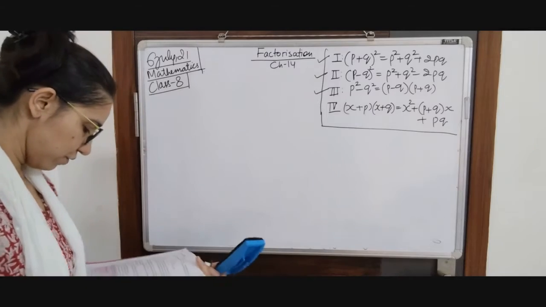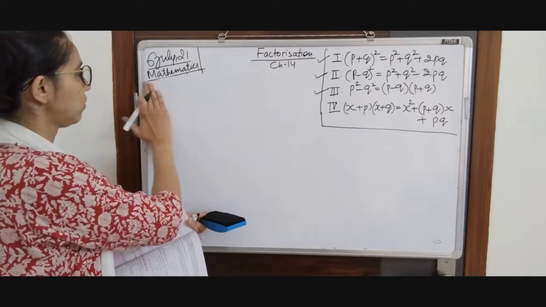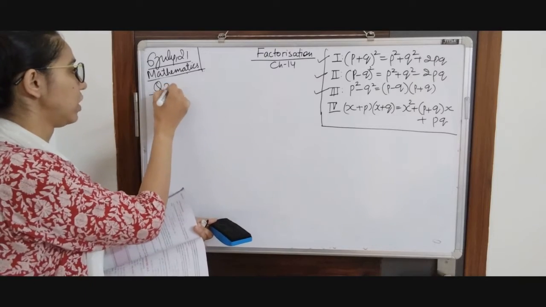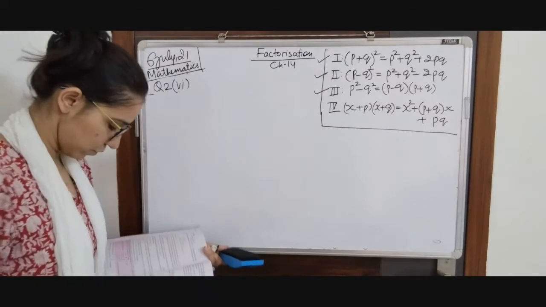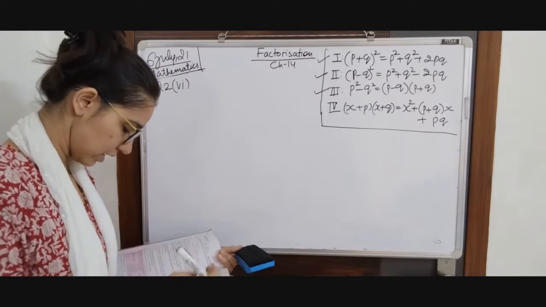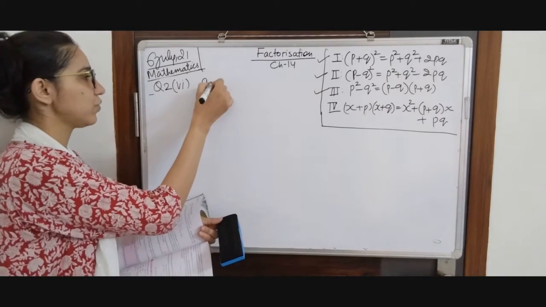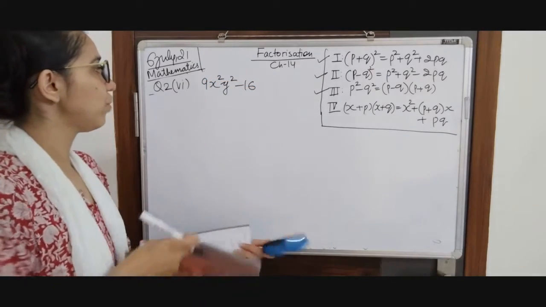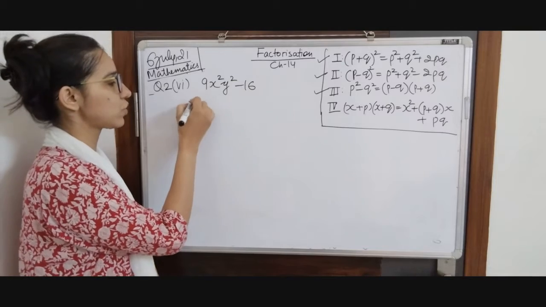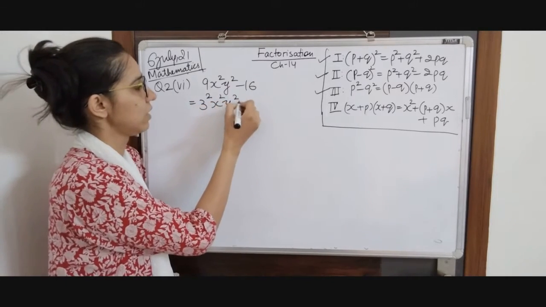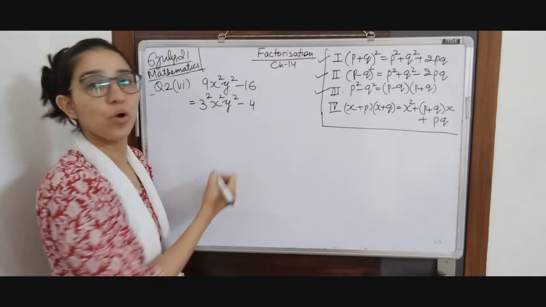So we are going to start with question number 2, part 6, because we have covered till the 5th in our yesterday's class. The sixth one is 9x square y square minus 16. You see that 9 is also a square number, and 16 is also a square number.